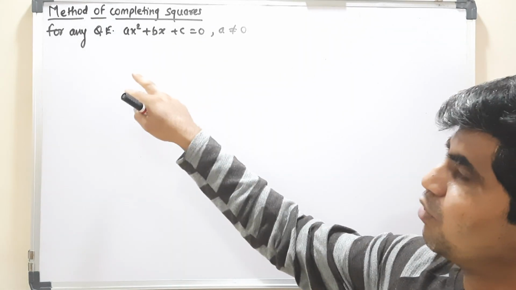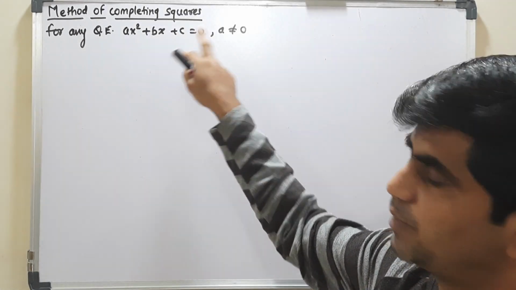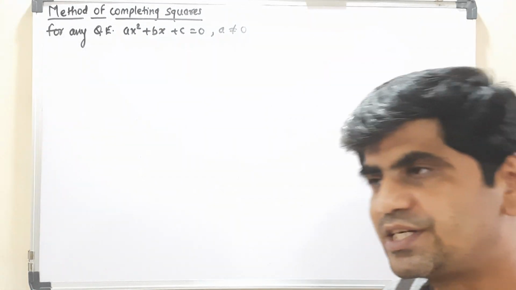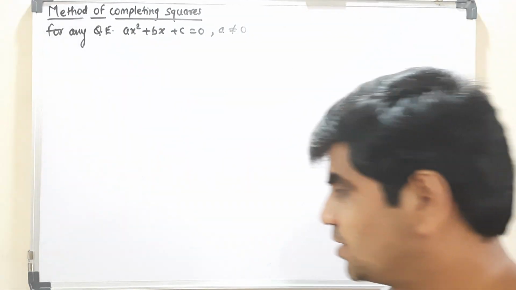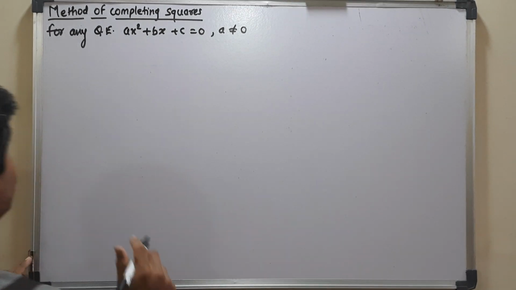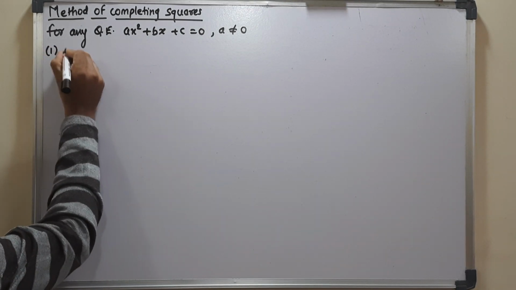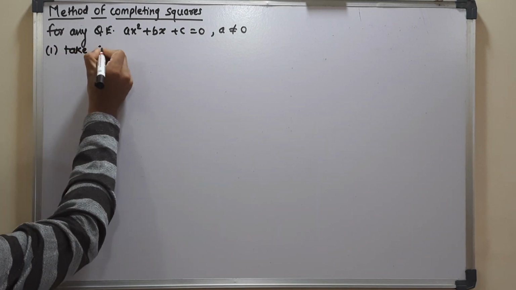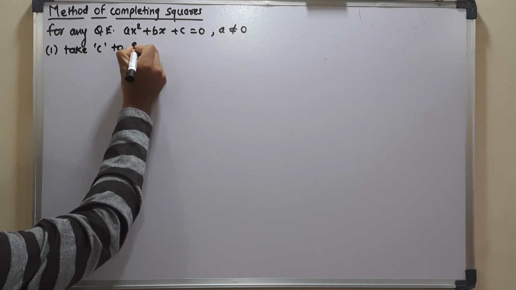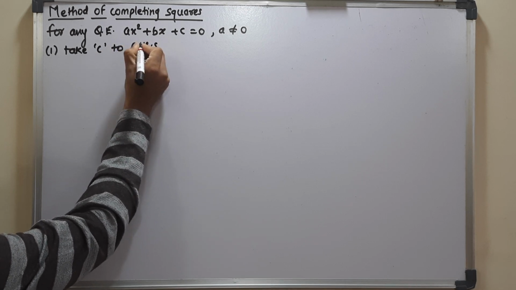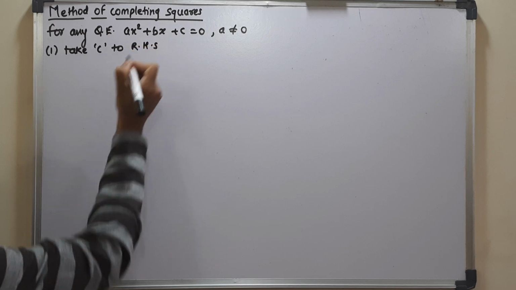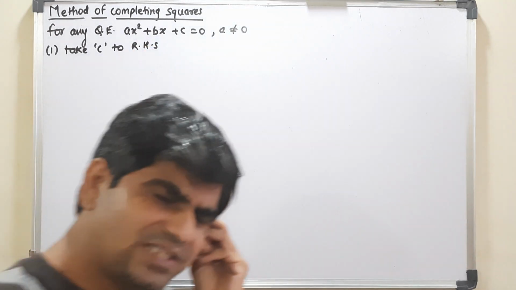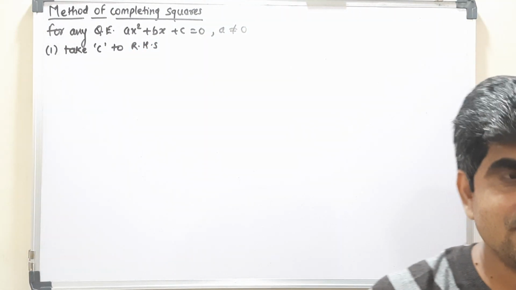For this quadratic equation, step 1 is always, remember this, take c to the right hand side. Whatever is the value of c, take it to the right side.